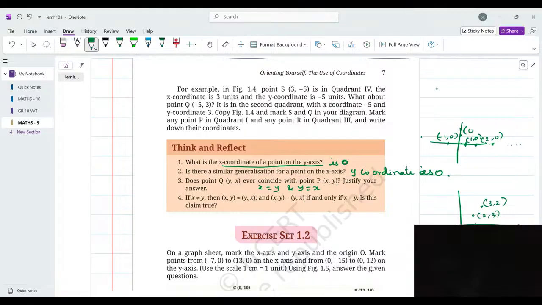When the two coordinates are not equal, when x coordinate 3 is not equal to y coordinate 4, then (3, 4) is definitely not equal to (4, 3). Suppose the coordinates 3 and 3 are equal, then we can say the coordinate (x, y) is equal to (3, 3). This is true only when the x coordinate and y coordinate are equal. When the x and y coordinates are different, this statement is not true.